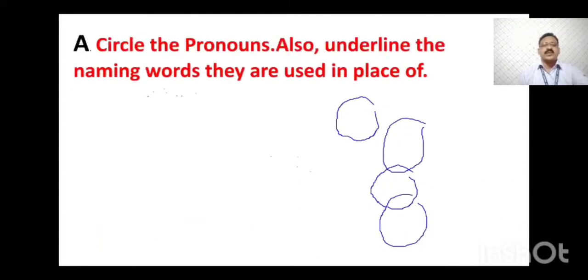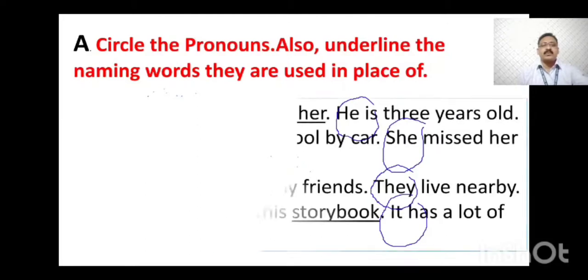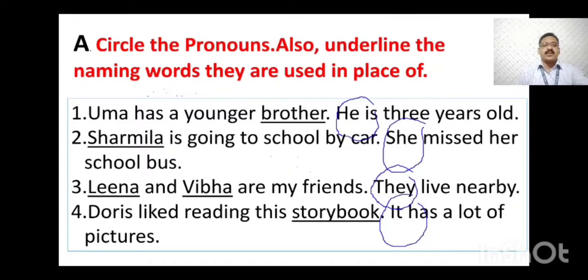Now, start the exercise portion. Circle the pronoun. Also underline the naming word they are used in place of. Means you have to circle the pronoun and underline the naming word as well in the sentence. Uma has a younger brother. He is 3 years old. So the pronoun here in the second sentence is he.